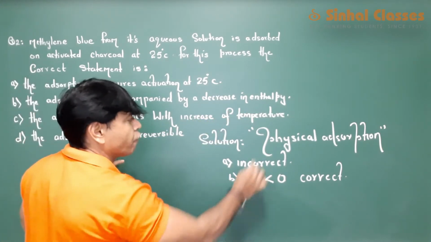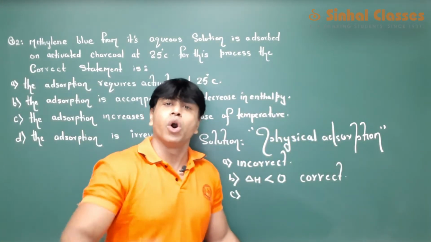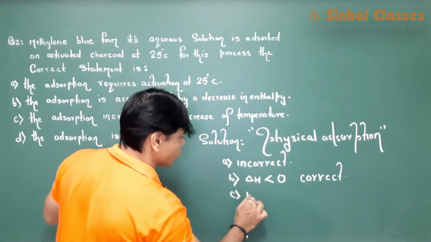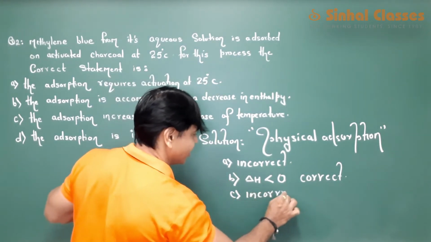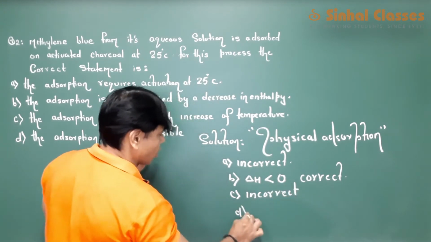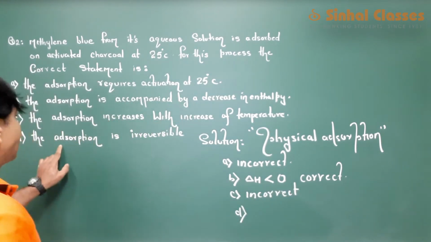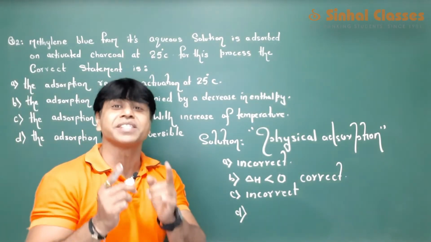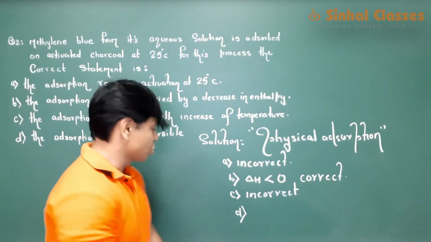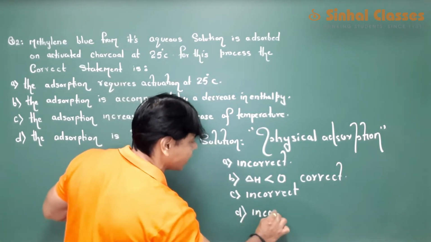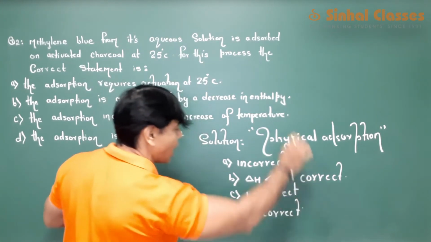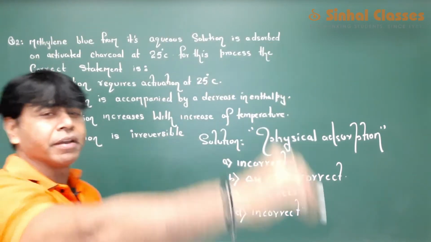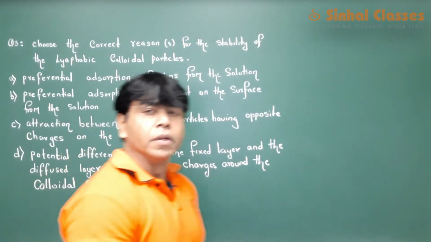No. For physical adsorption, low temperature always favors it. So this is also incorrect. What about the last statement? The adsorption is irreversible. Physical adsorption is reversible, so D option is also incorrect. So your correct answer for this question is B. B is the correct option.